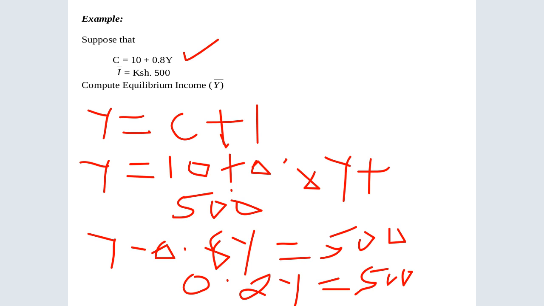Now we can find the value of Y in this case.